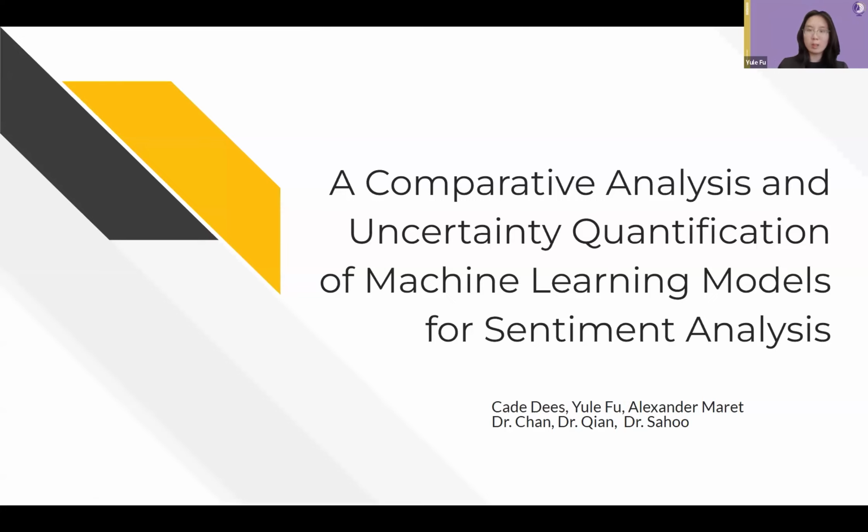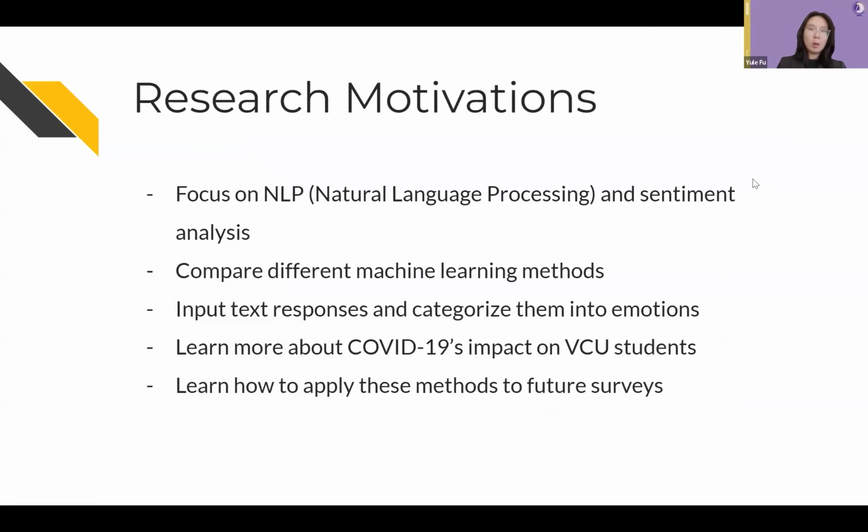So our project was a comparative analysis and uncertainty quantification of machine learning models for sentiment analysis. Our research motivation was trying to use natural language processing and sentiment analysis to look at text responses.